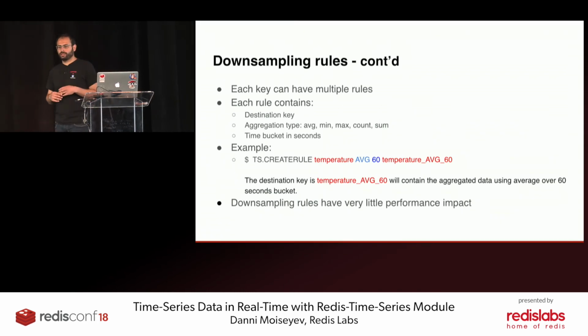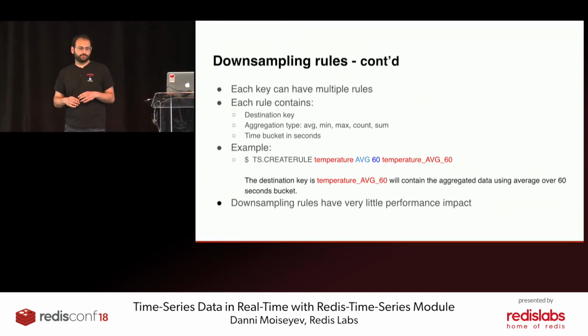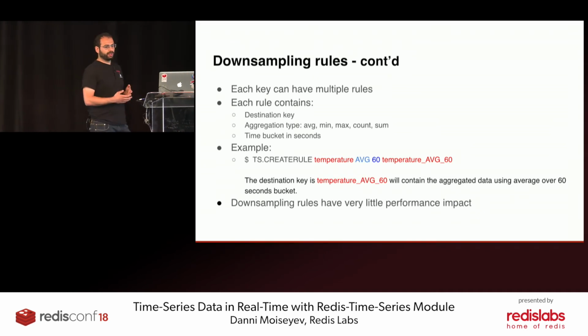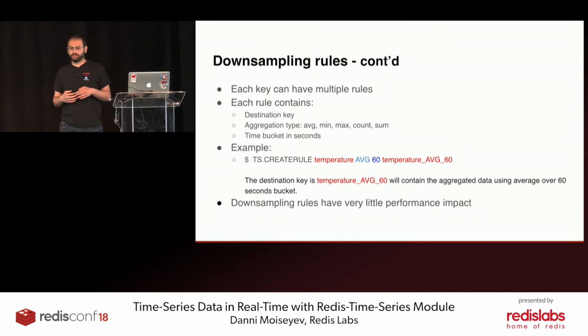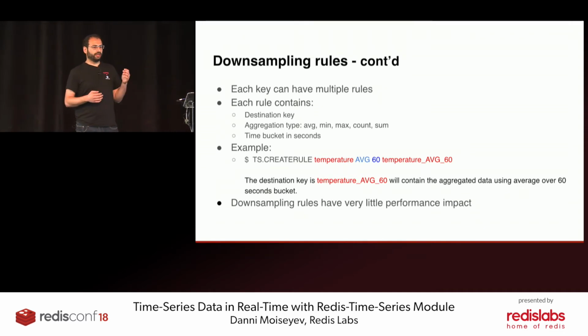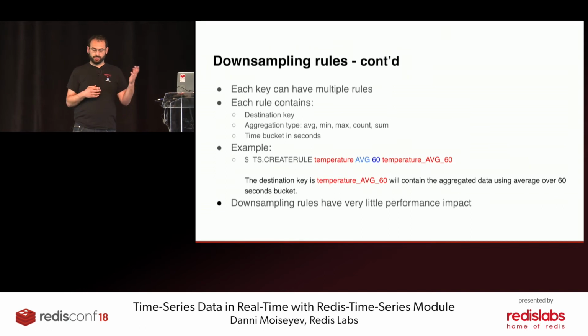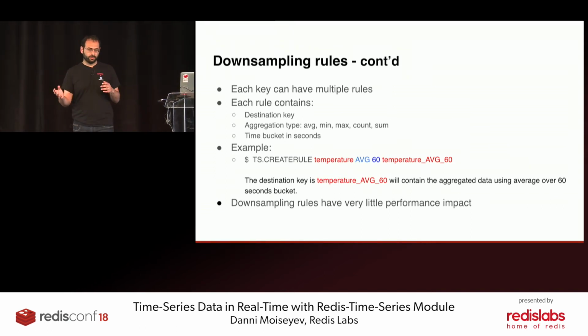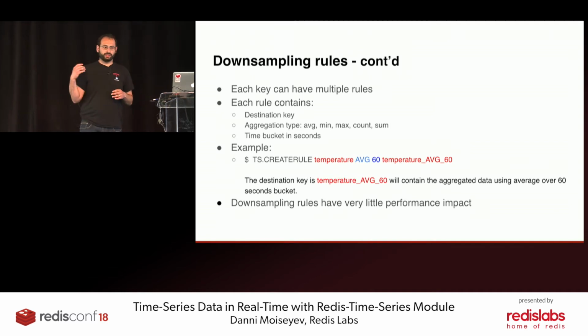The way we do that with Redis-Time-Series is what we call a downsampling rule. Every key can have multiple rules. Those rules are the way we downsample the data. A rule is a type of aggregation that you pick. It can be average, minimum, maximum, count, and sum, as I explained before, and a time bucket.